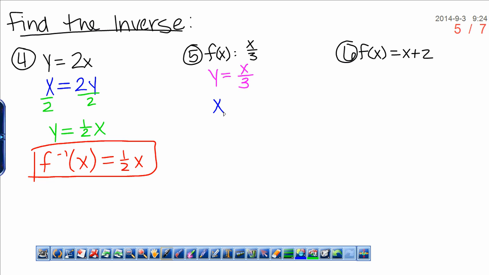Switch x and y's. X equals y over 3. Then what? Good. Solve for y. So I'd multiply each side by 3. I get that y equals 3x, which gives me what?